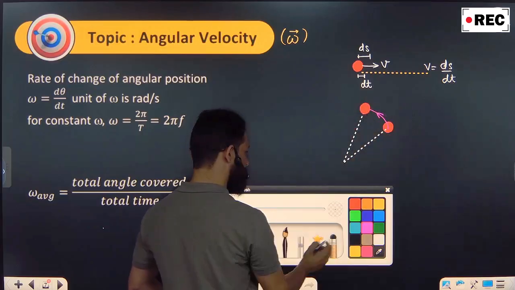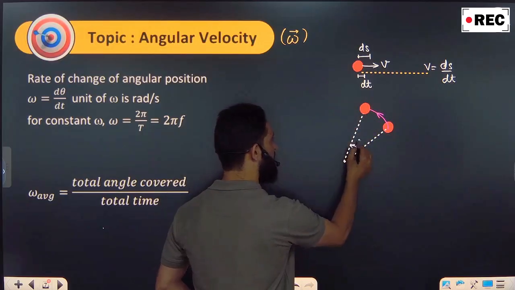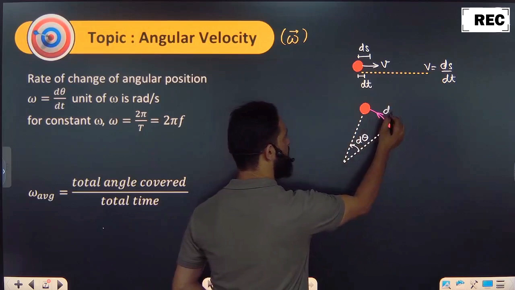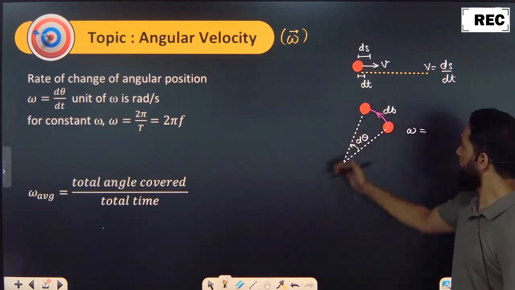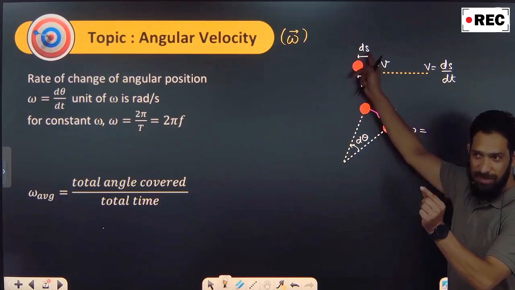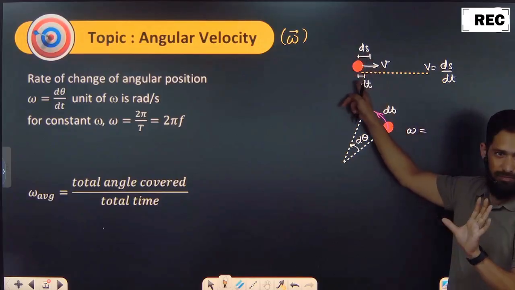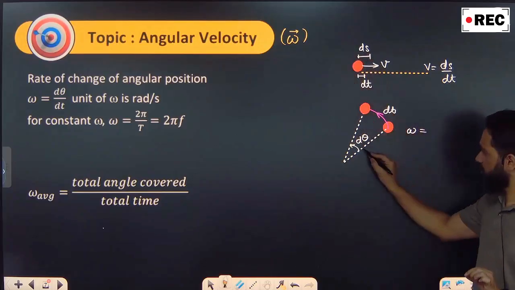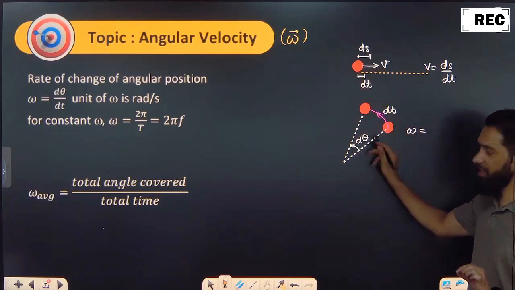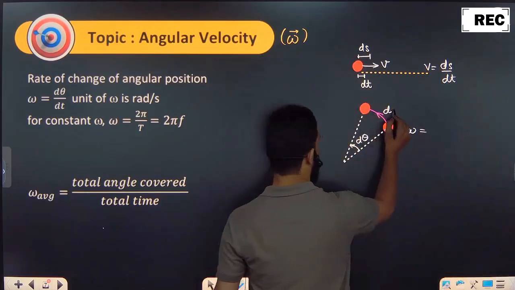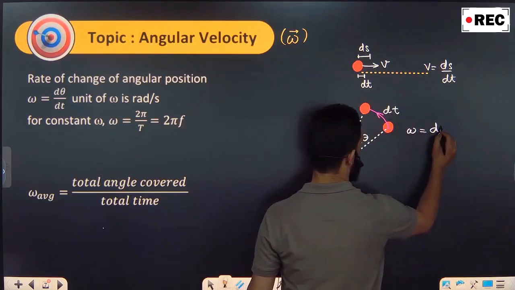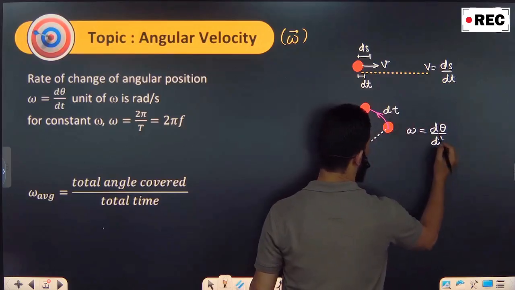So how much is the small angle it is covering? d theta. In how much time? dt. We define omega. It was ds, linear displacement upon time; now the small angle it subtends in a small instant of time. When we divide these two, we get angular velocity, d theta upon dt.